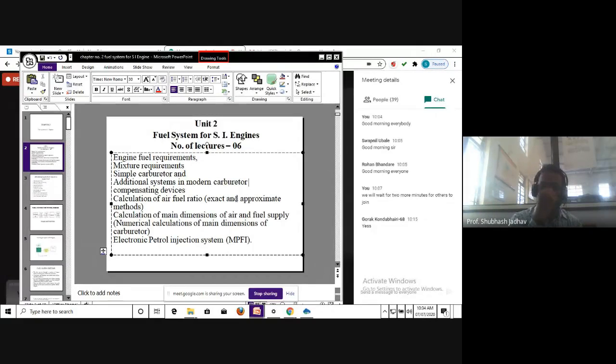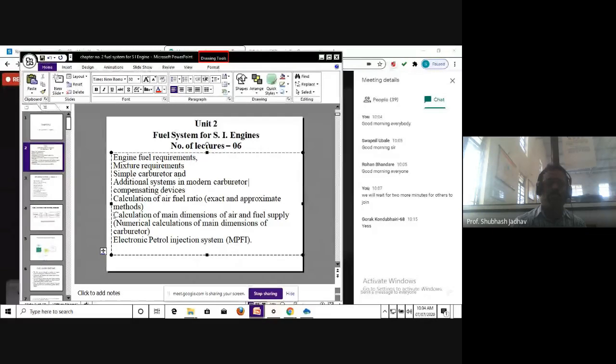If you consider air as compressible, then the conditions we apply for the derivation are different. And if we consider that air is not compressible, then we apply different conditions. Accordingly, we have two methods, one exact and one approximate, and correspondingly some numericals also.